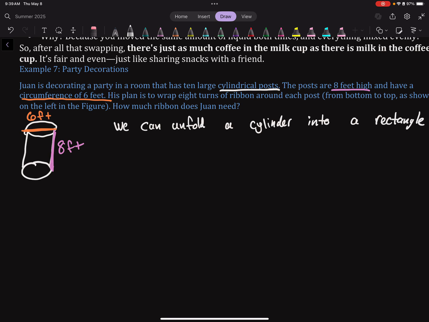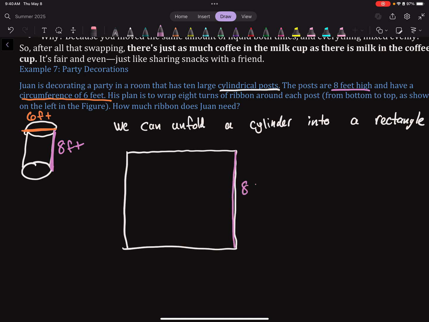So if you unfold a cylinder, it actually is a rectangle. So this rectangle that we're talking about will look like this. It's 8 feet high, because that's how tall the cylinder is. And it's 6 feet wide, because that's how wide the cylinder is.